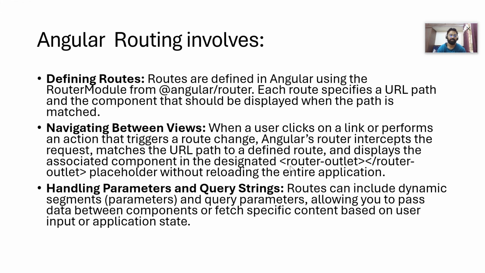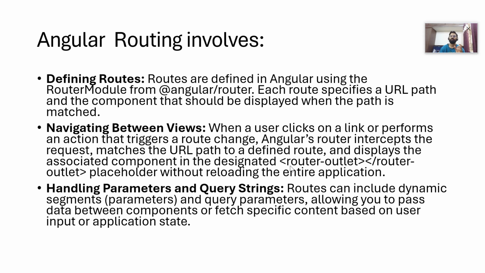The second thing involved is navigating between views. When a user clicks on a link or performs an action that triggers a route change, the Angular router intercepts the request, matches the URL path to a defined route, and displays the associated component in a designated router outlet selector placeholder.